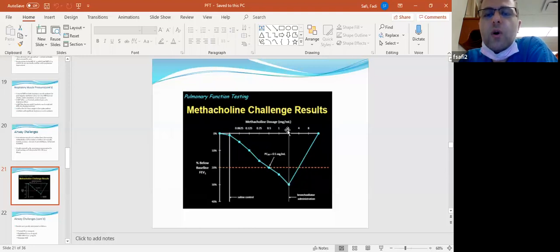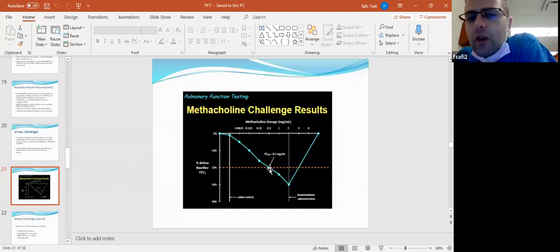The amount of the medication that causes a drop in FEV1 of more than 20% is the amount that is positive for bronchoprovocation. So as you can see, this is the 20% here. So the amount that causes the drop is here, which is 0.5. If you have any amount of 2 or less, then the test is positive.